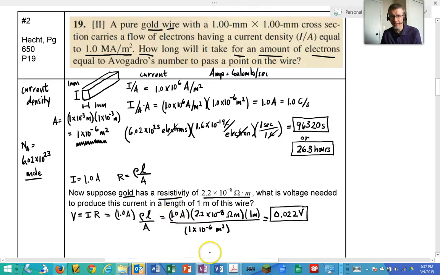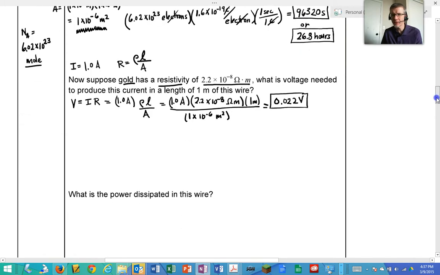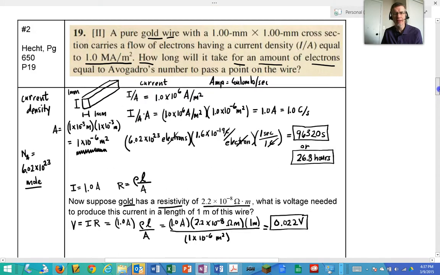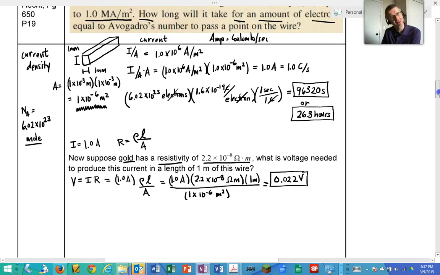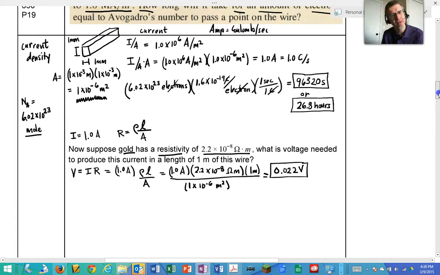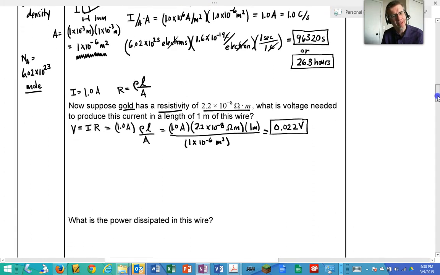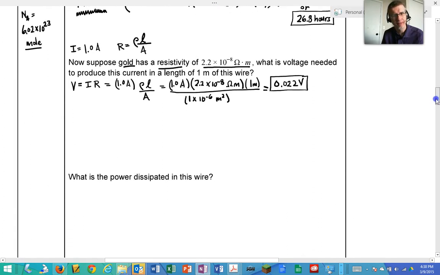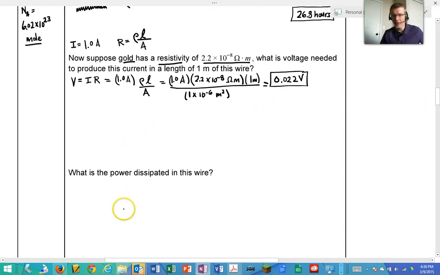And then let's go down a little bit here. So the next part of the question is, what is the power? So here's the reason why I put this question in the quiz. We haven't talked a lot about the wires in a circuit having resistance. And the point is, what is the power dissipated in a wire? So power, once again, on our formula sheet is I times the change in voltage.